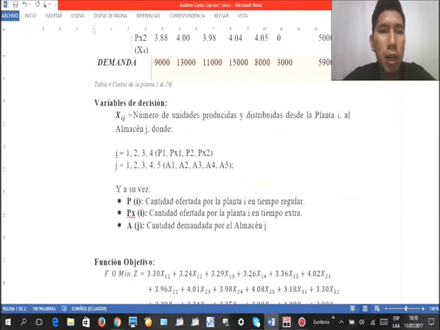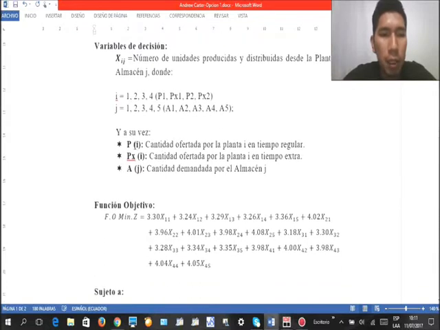Decision variables. These are xij, the number of units produced and distributed from plant i to warehouse j, where i is 1, 2, 3, and 4, and j is from 1 to 5.